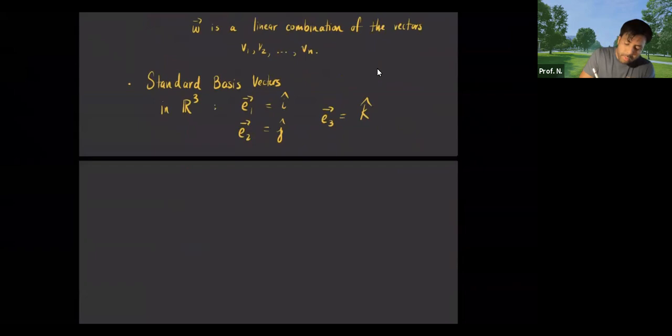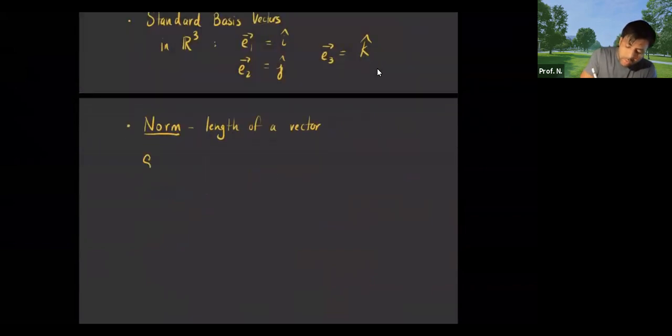We also talked about a very important concept called the norm. Very important about vectors. The norm is the length of a vector. So suppose V is a vector in Rn.